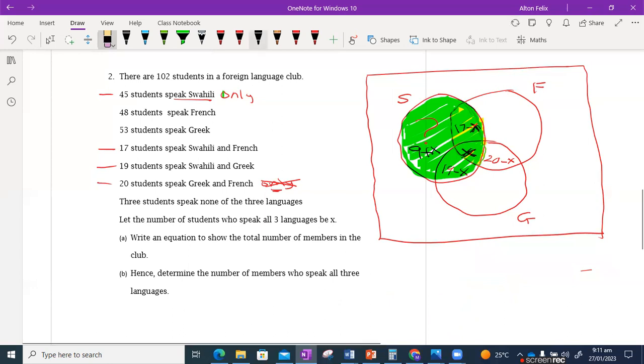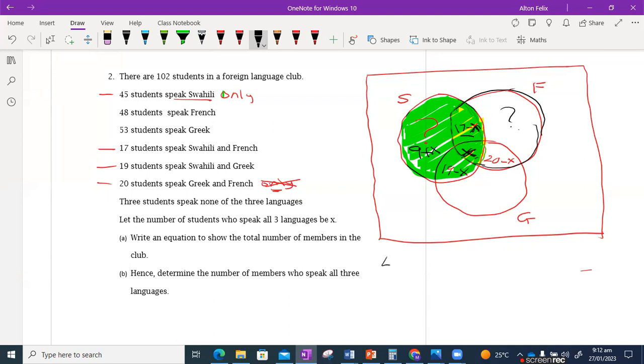48 students speak French. Again, the entire circle F, as shown here, represents 48. So we know that part is represented by 17 minus X, X, and 20 minus X. To figure out what is French only, which is shown there, the unshaded portion by the question mark, F only, let's see how we figure that out.